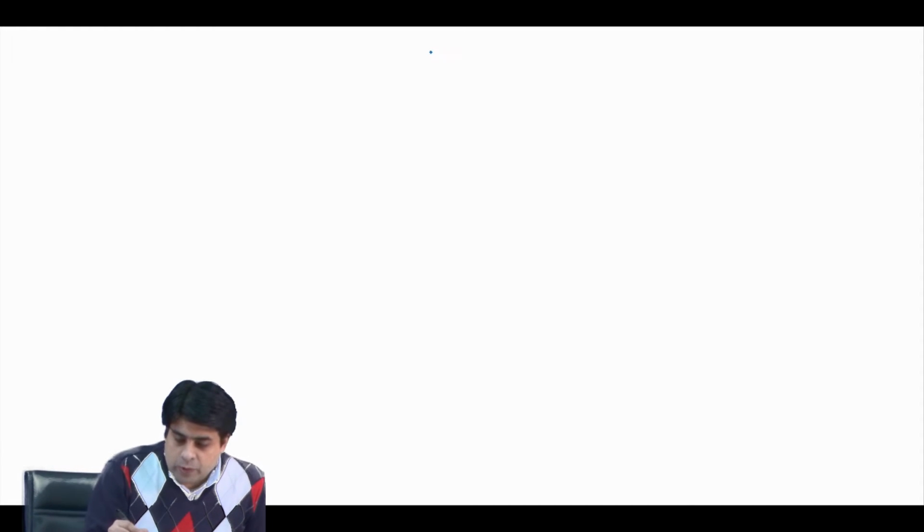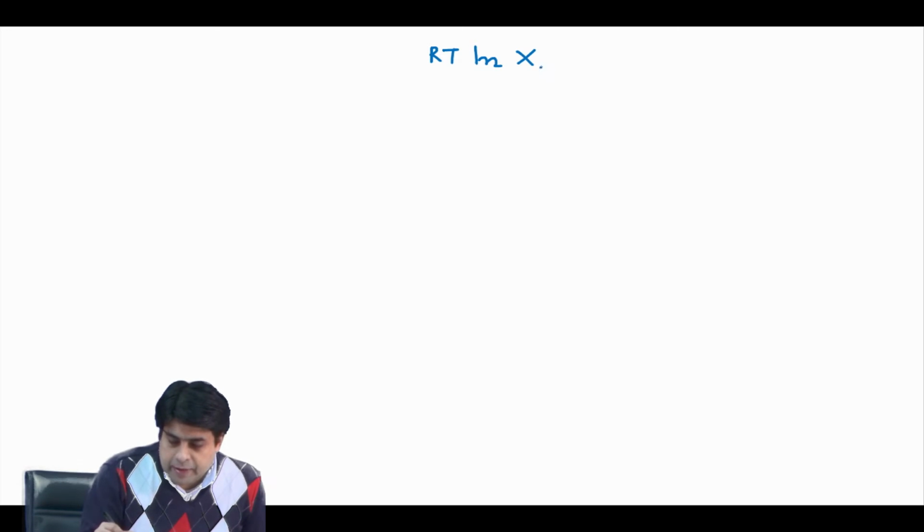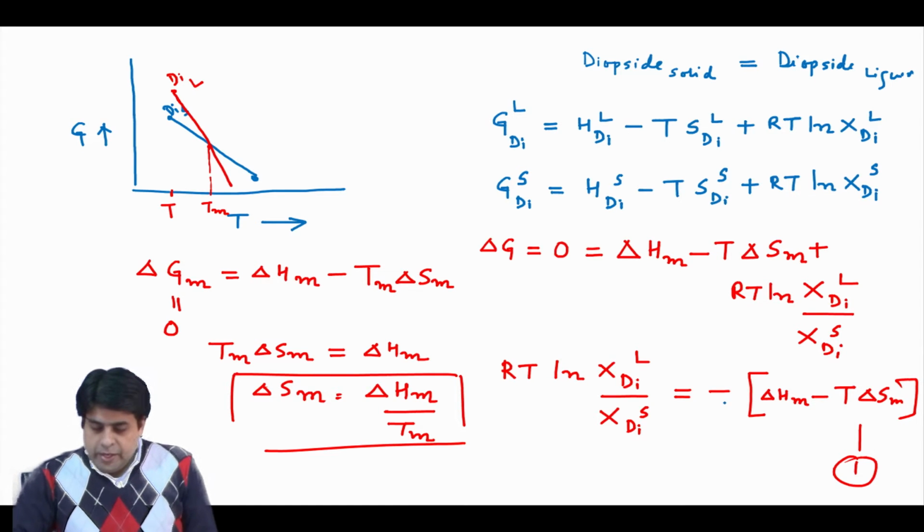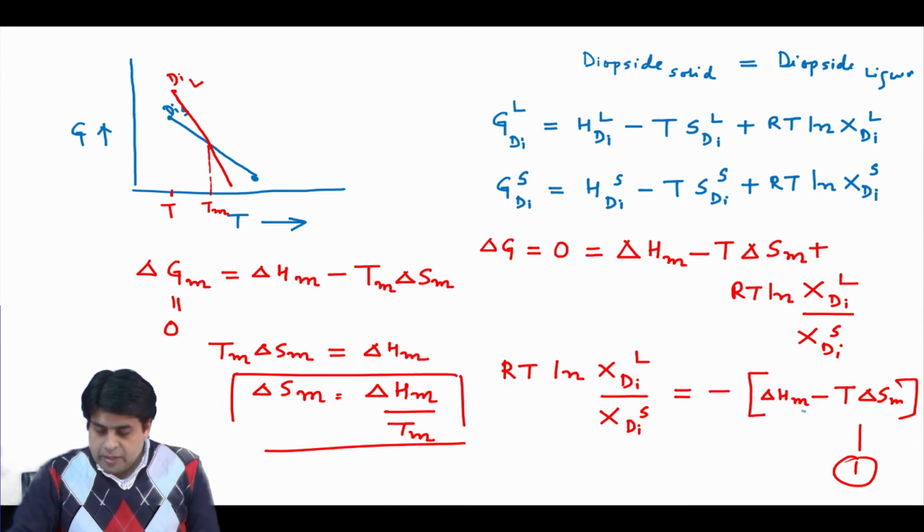So, basically we can write down R T ln x diopside in liquid divided by x diopside in solid is equal to. So, basically we are putting this H m term here, this S m term in terms of H m and T m.